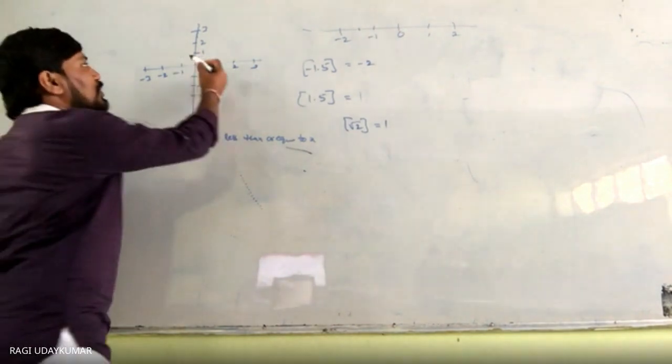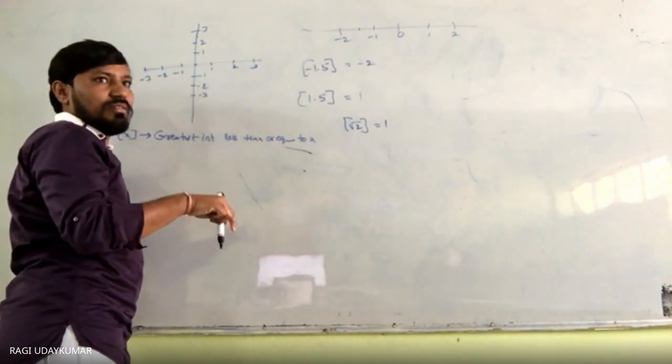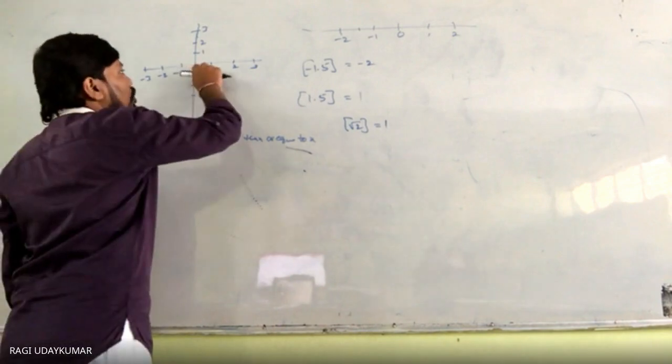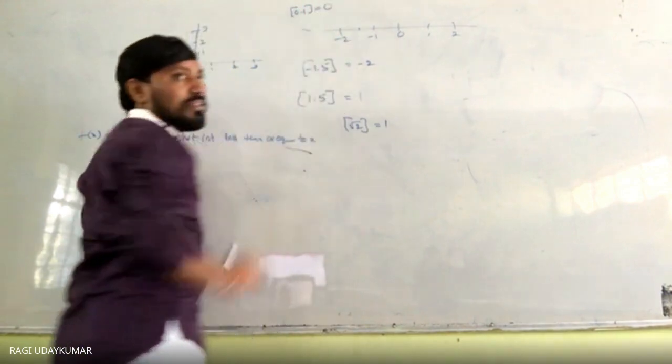Whenever you see 0, the value is 0, and 0.1 is also 0. Take 0.1 in the brackets, what do you get? 0.